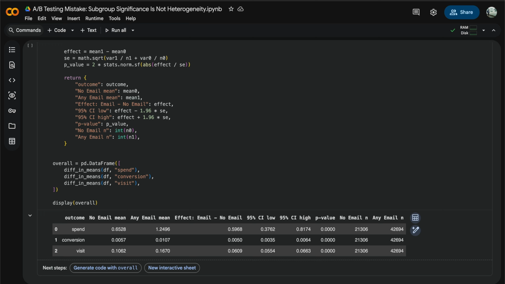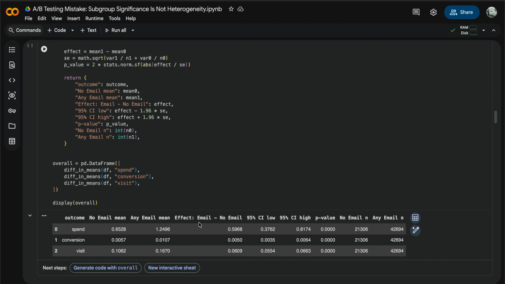Because this is a randomized experiment, a simple difference in means gives us a valid estimate of the average treatment effect. Right here, the table compares the average spend, conversion, and visit rate for no email and any email.